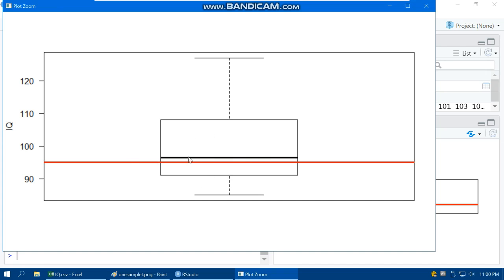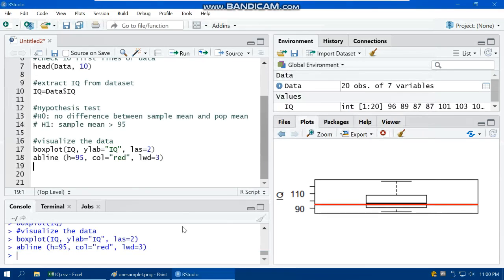So I can add the mean of the data to this plot, using abline. What is the mean of IQ?